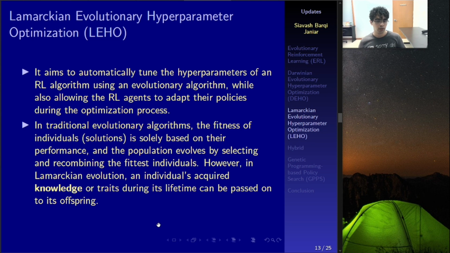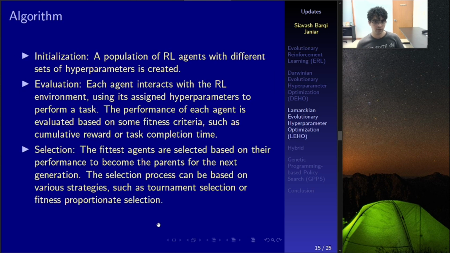So the general algorithm for Lamarckian evolution is almost the same steps: initialization and evaluation. Selection is finding the fittest agents, the fittest candidates, as parents.